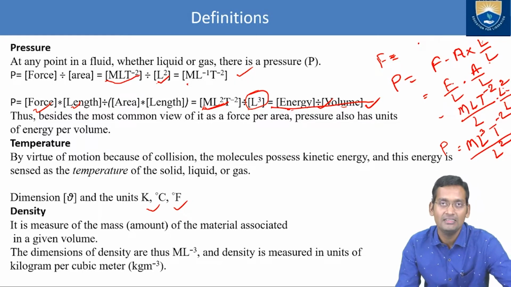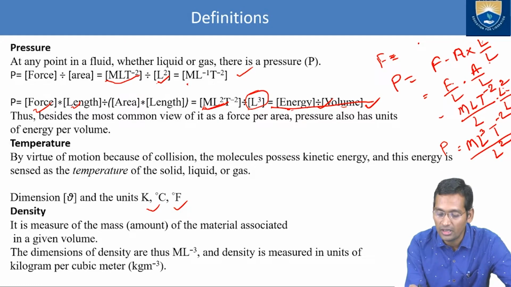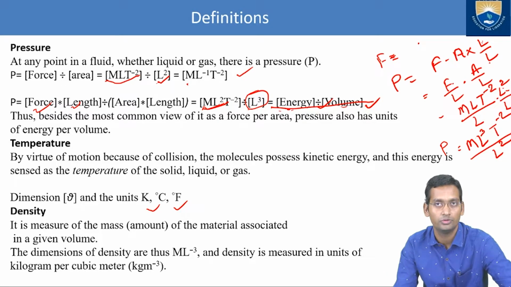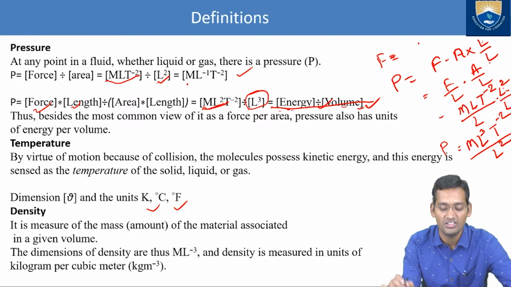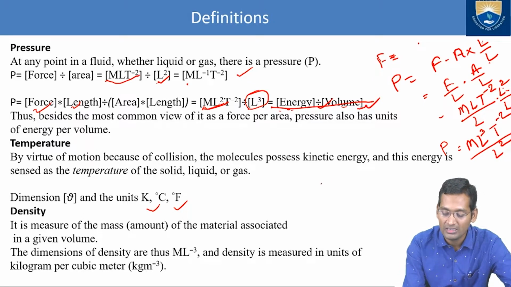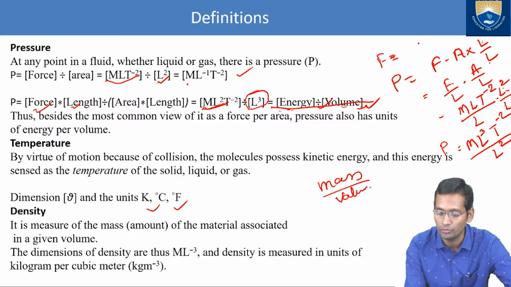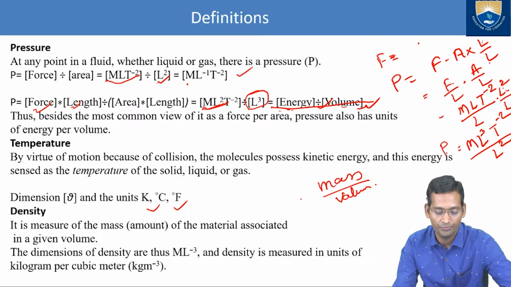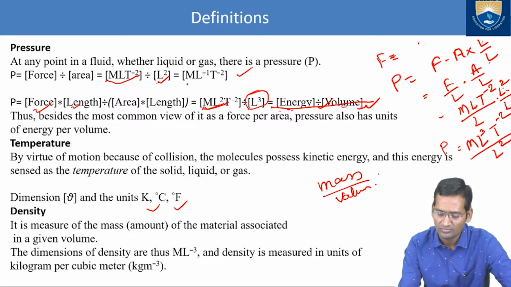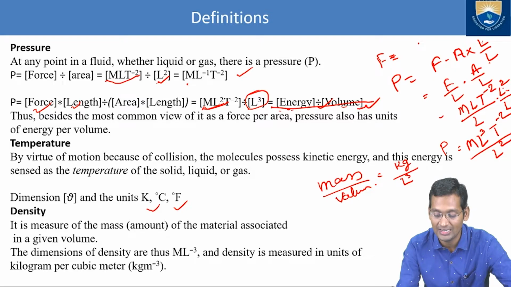Now the next is density. Just now, here we had energy by volume, so that becomes energy density, I told. Similarly here, when it's mass by volume, this will give you the density, or you can say mass per unit volume. So what will be the unit? Mass is kg, volume is L cube, that is meter cube.